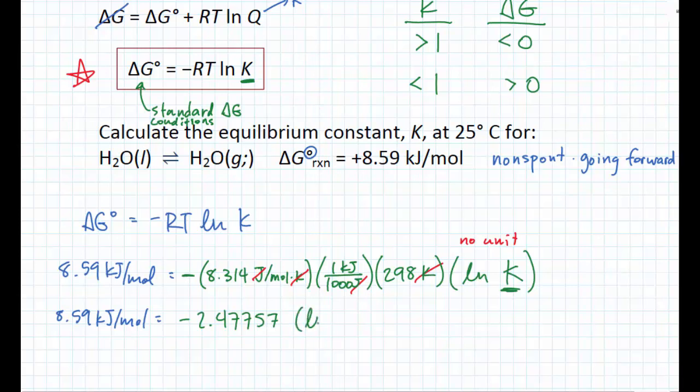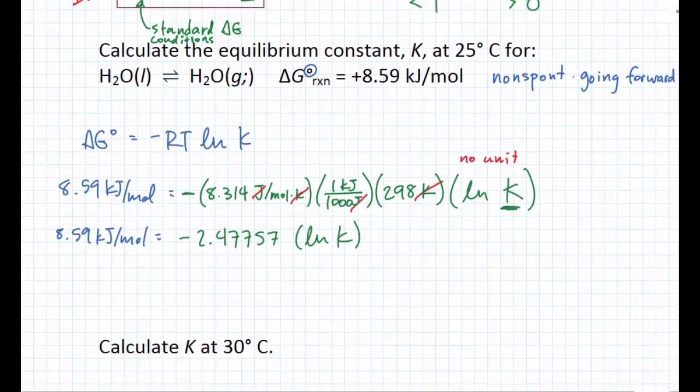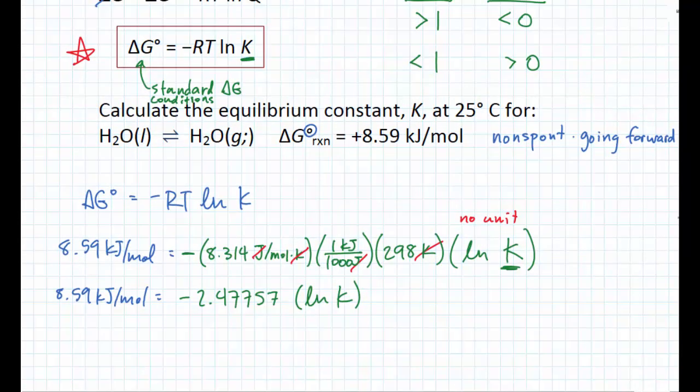Times natural log of K. Then what? So divide 8.59 by that answer: negative 3.467.